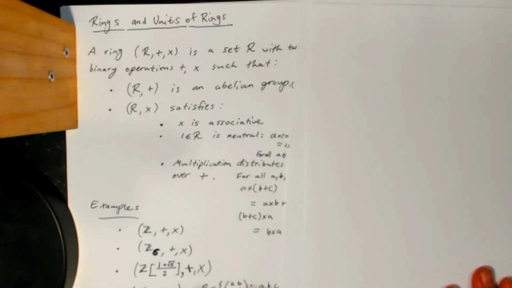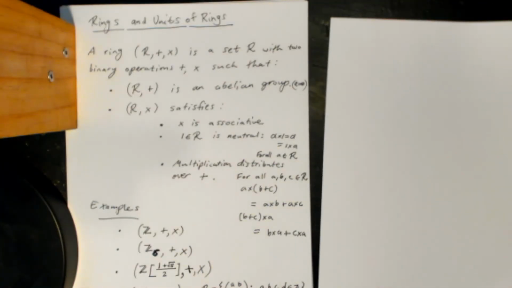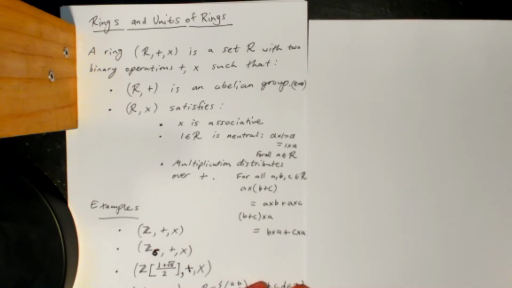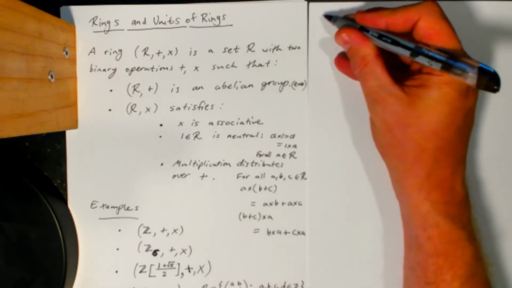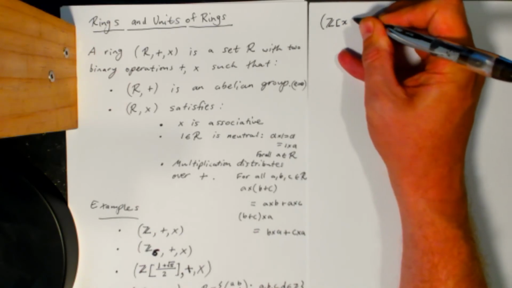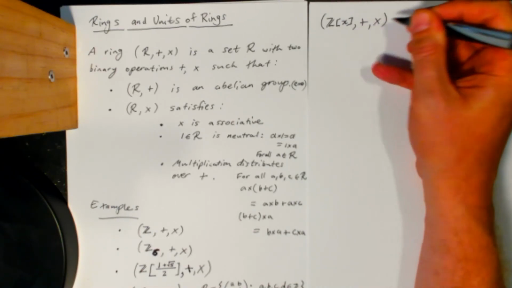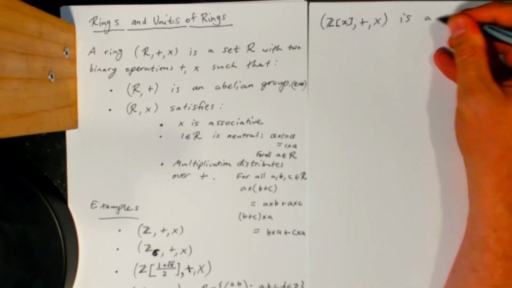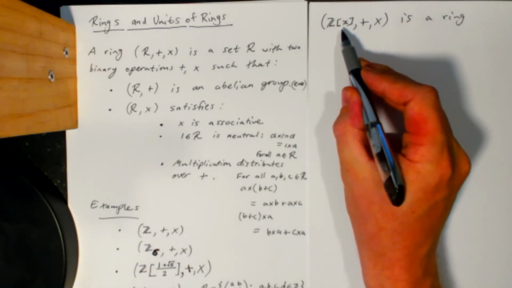So we'll move on to my last example of a ring here and the units of that ring, which is, and we've already seen this notation here with the square bracket and then something next to it, but this time, this here, I want to treat this as the variable x.